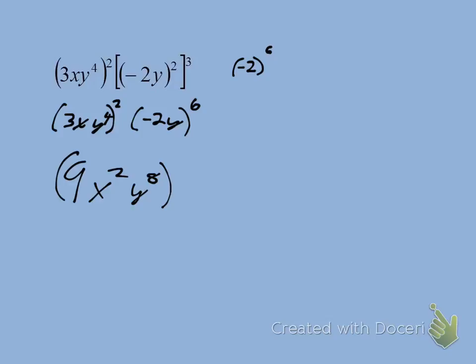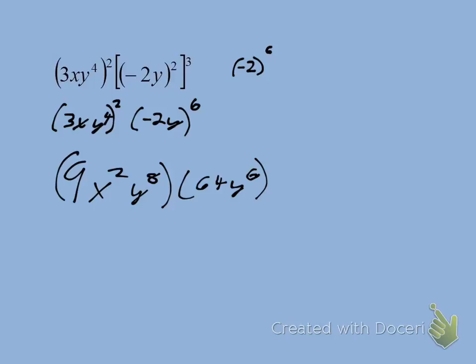If you don't put it in parentheses, it does the exponent first on just the number, not the number and the sign. 2 to the 6 is 64, and then it takes the negative of it, the opposite of it. Makes sense? So you get 64 y to the 6th.